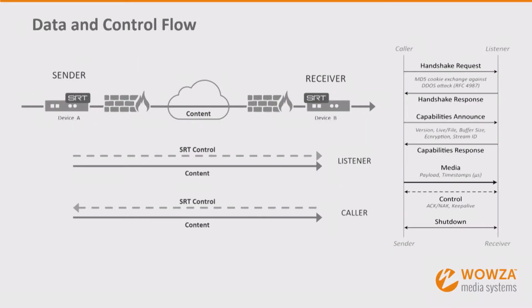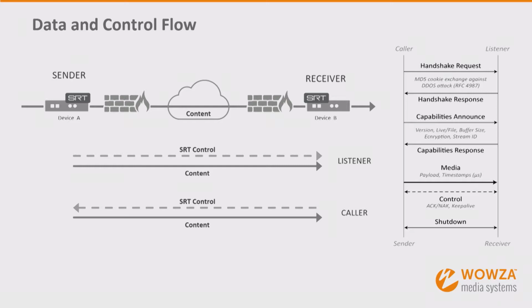So this is a brief, super high-level view of the handshaking process. When you first connect via the caller-listener protocol, there's a handshake, and you can exchange capabilities there. You get to exchange things like telling it you're encrypted, telling it the port you want to talk on, and the capabilities on either side.